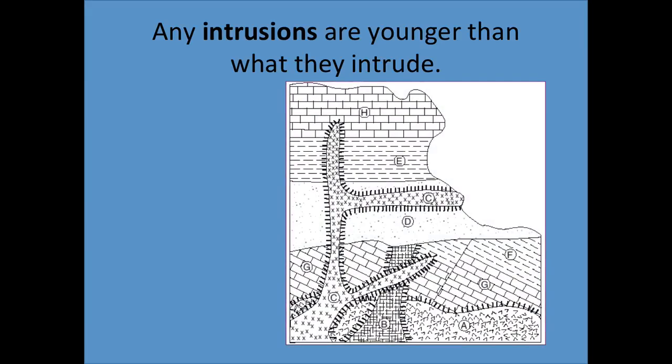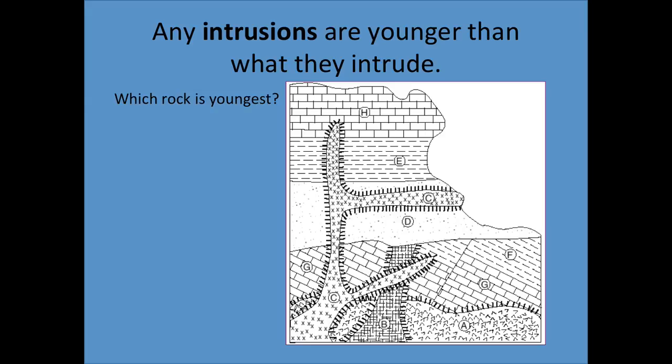So in this picture, you can see three intrusions. Take a moment to look. If you feel like pausing, feel free to pause. We have intrusion C, and then closer to the bottom, we have intrusion B and intrusion A. Which rock is the youngest?